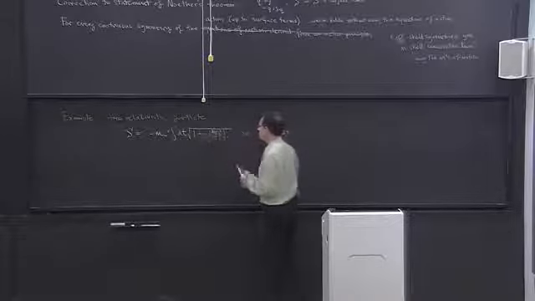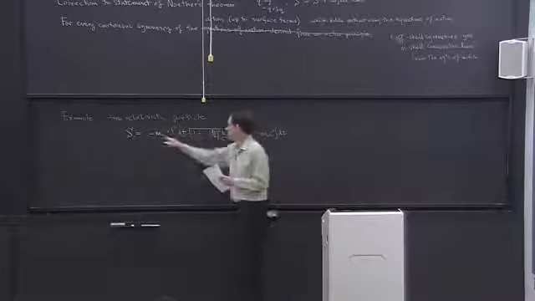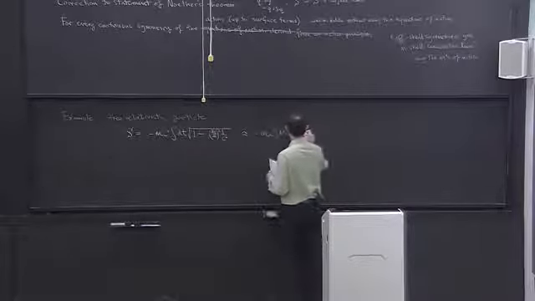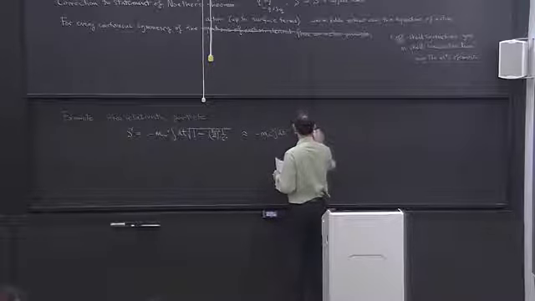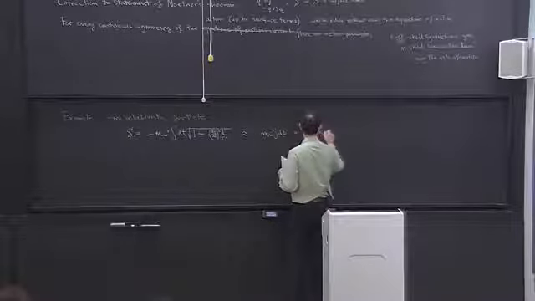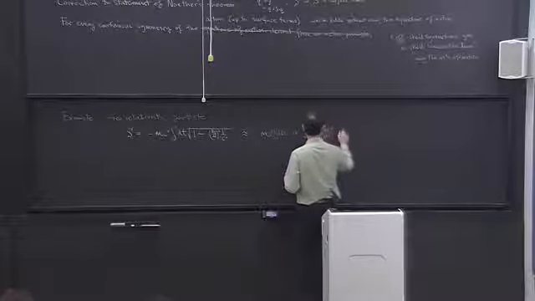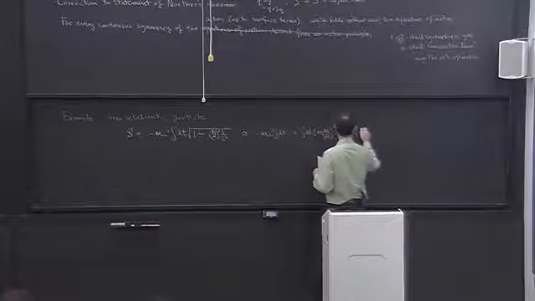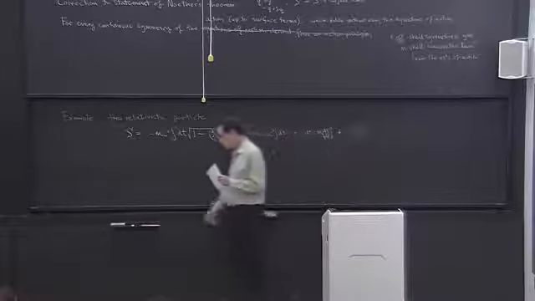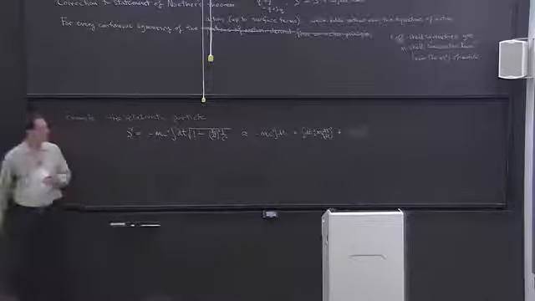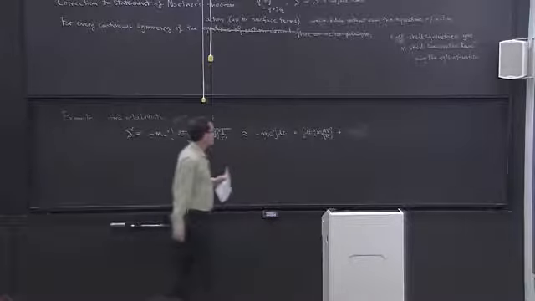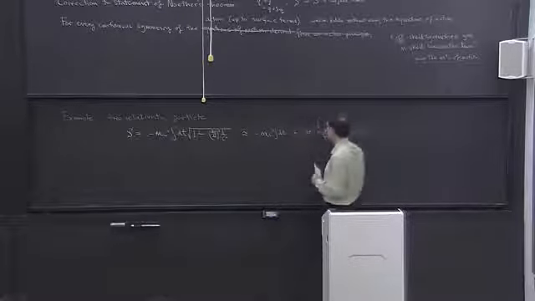And then expanding the square root, the two minus signs cancel, and I get plus integral dt of 1/2 m_0 (dx/dt)^2 plus order v^4 over c^2, plus dot, dot, dot. Corrections which are small, down by v^2 over c^2. So this is the familiar term from Newtonian mechanics.